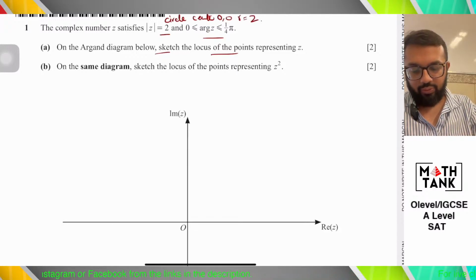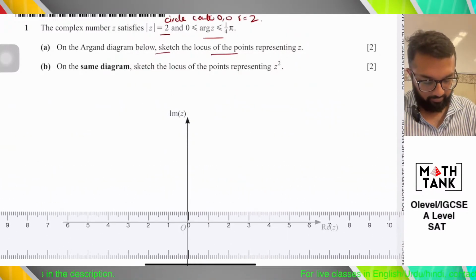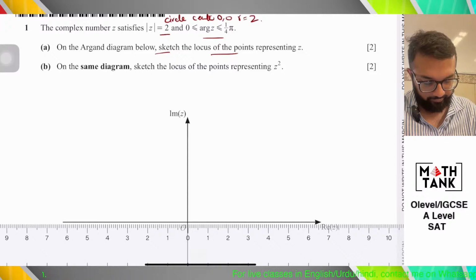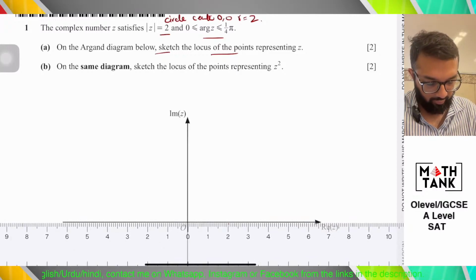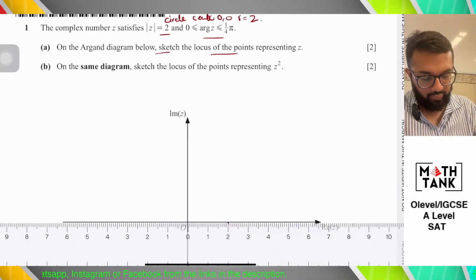Okay, so let me just grab my ruler from here so that I can draw that accurately. That's 2.